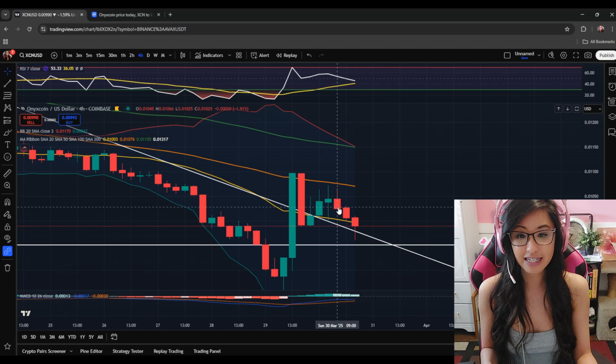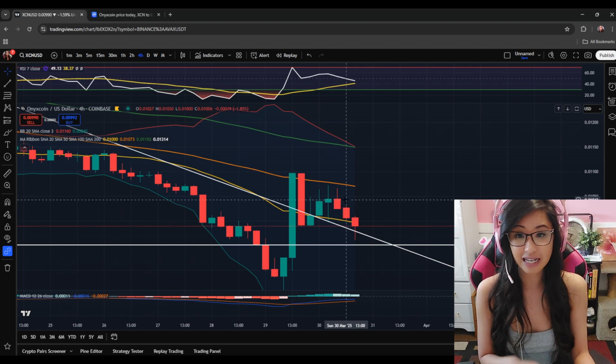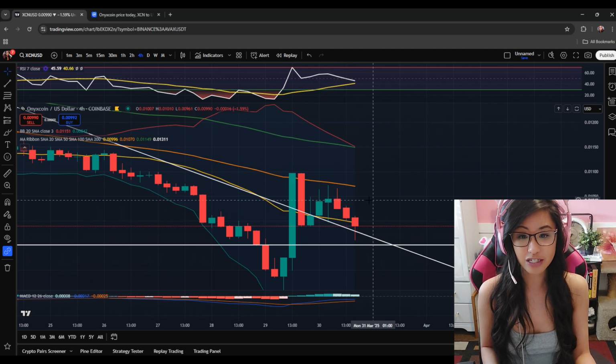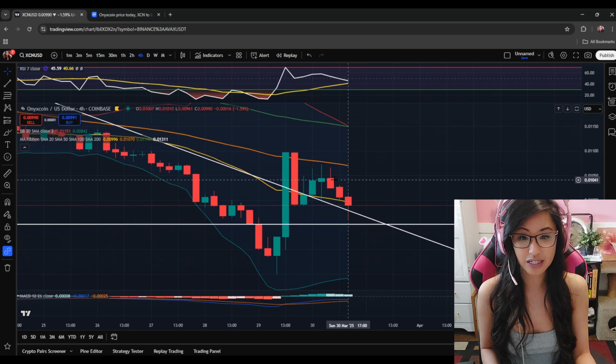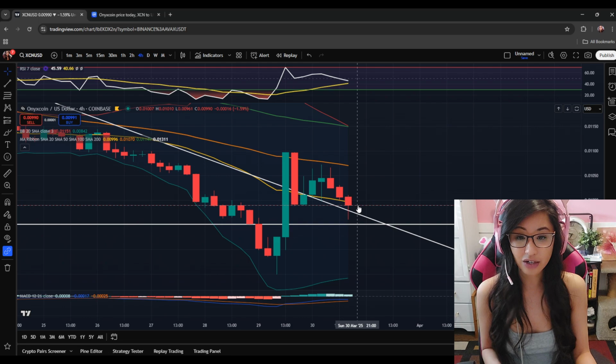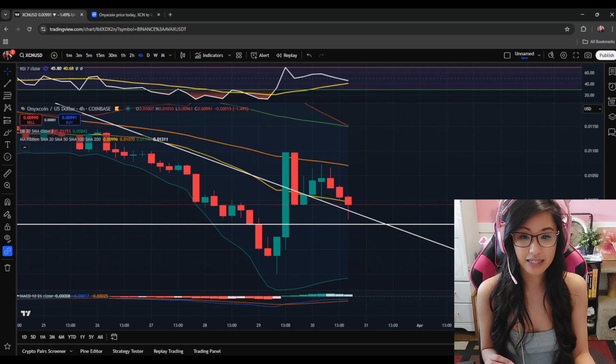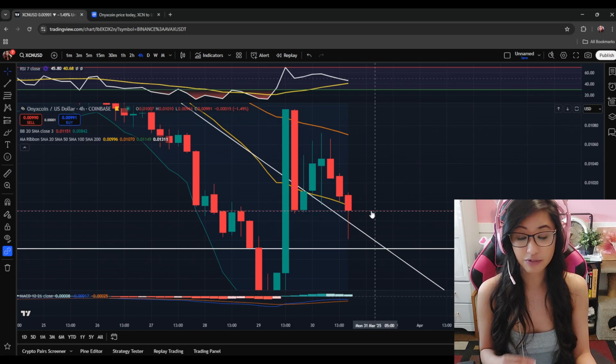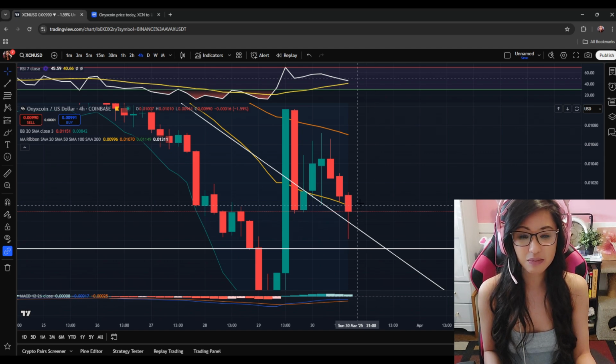In terms of this here, we did see a lot of major selling here coming down again to this point here. Now this candlestick hasn't closed quite yet in our 4-hour candlestick. However, we do see possible signs of a trend reversal. Now this candlestick here can be observed as a hammer candlestick. The body itself is quite small and the wick itself is twice the size of the body.